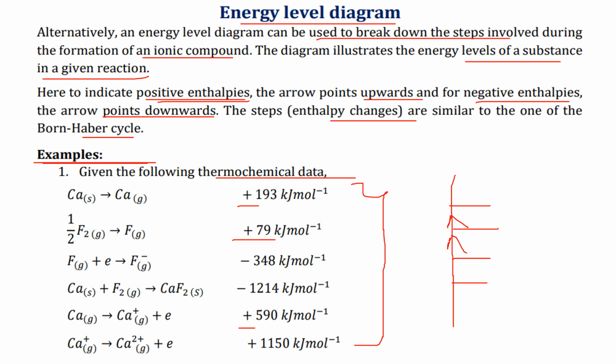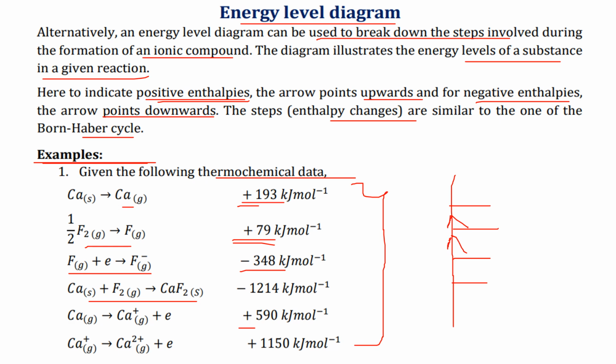So atomization energy of calcium is going to remain the same, positive 193 kJ per mole. Atomization energy for fluorine is going to remain the same as positive 79 kJ per mole. And the electron affinity for fluorine atom is going to remain negative 348 kJ per mole.